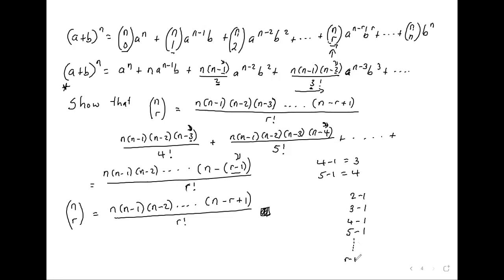Just like we have had 5 minus 1, 4 minus 1, 3 minus 1, 2 minus 1. So you can also have r minus 1. But at the time when we'll be subtracting r minus 1, the denominator will be r factorial. But since you're subtracting r minus 1, what happens if you expand the bracket? It will become minus r plus 1. Hence, proved.